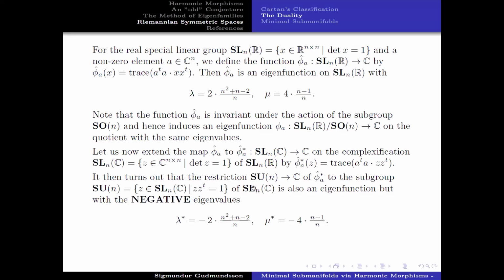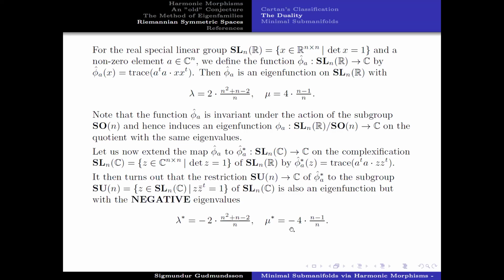It then turns out that the restriction, so SUN is a subset, of course, a subgroup of this, is also an eigenfunction, but with a negative eigenvalue. So you see that here you have these eigenvalues. You get the same eigenvalues here, but with a minus.